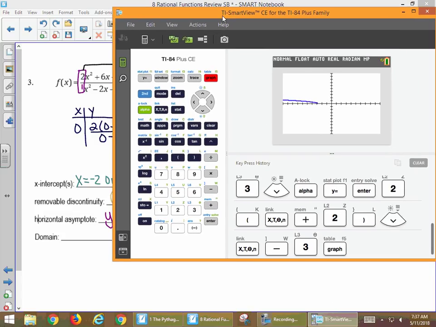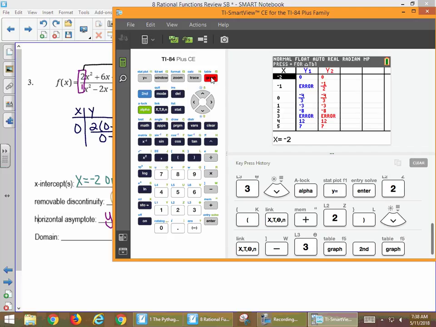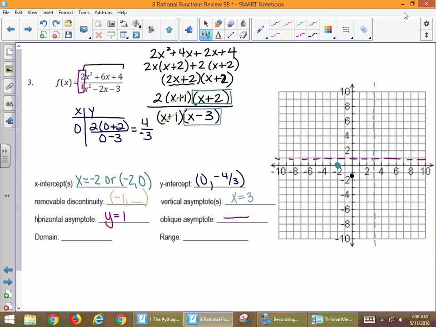Now when this graphs, it should graph right over itself, the blue and then the red, since I have a color calculator. And we can see it's the same everywhere, except when I go to the table, at -1, I have an error for my blue graph, that's my original equation, and the hole filled in with the red. So at -1, the hole is at -1, -1/2.